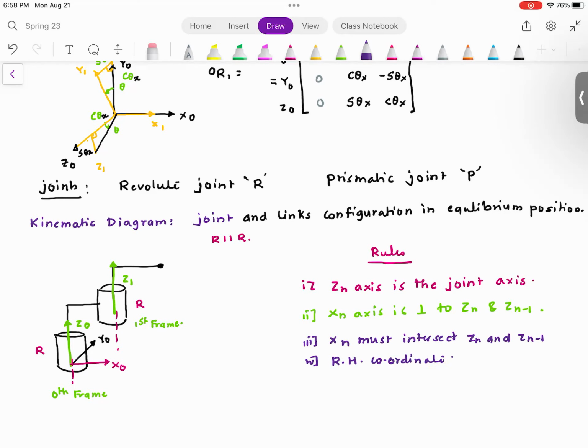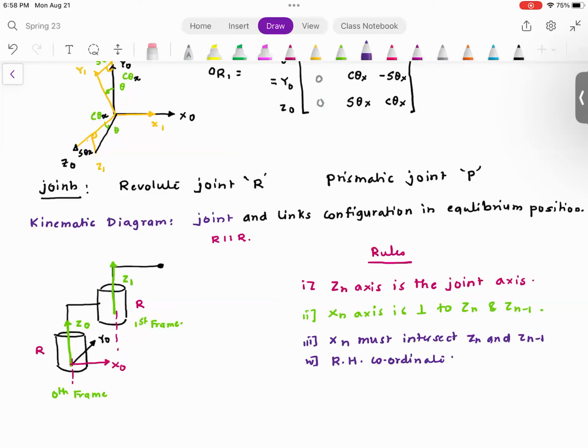Now please pay attention. These are the 4 rules, and they are extremely important, whether you solve using DH parameters or using rotation matrices. The Zn axis is the joint axis. The Xn axis has to be perpendicular to Zn and Zn minus 1.